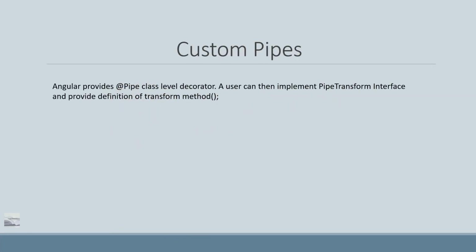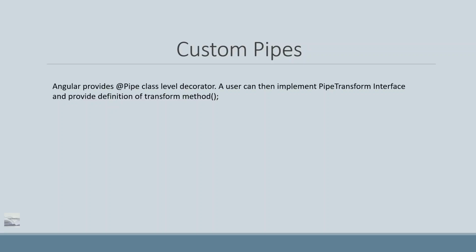Angular has provided a custom decorator, @Pipe, which is a class-level decorator that you can apply to any class, and it accepts one object with some metadata.